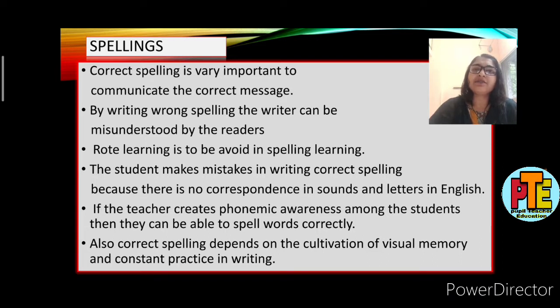More than half of the English words can be spelled accurately on the basis of sound and written symbol correspondence. On the other hand, many times students make mistakes in writing correct spelling because there is no correspondence between sounds and letters in English.